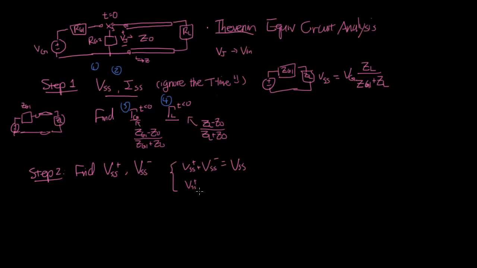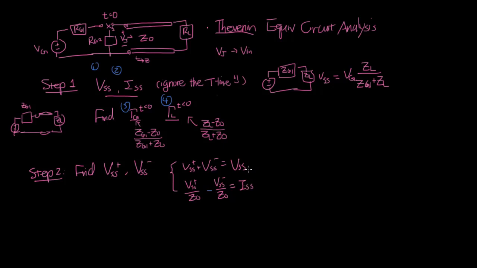So the positive going current is VSS plus divided by Z0, and the negative going current is VSS minus divided by Z0 as well, right? And what do we do here? That's right. Don't forget, you have to divide by negative Z0 instead of Z0 if it's a voltage that's going in the negative Z direction. So that gives us ISS.